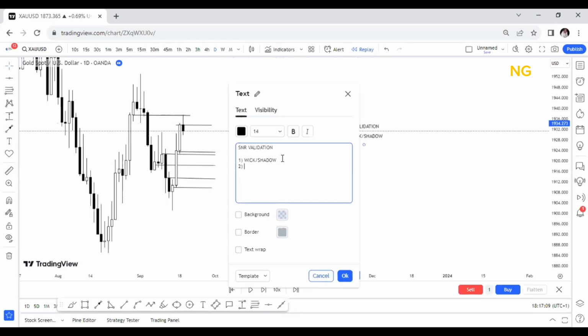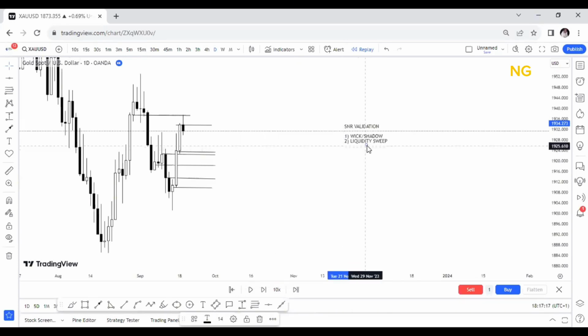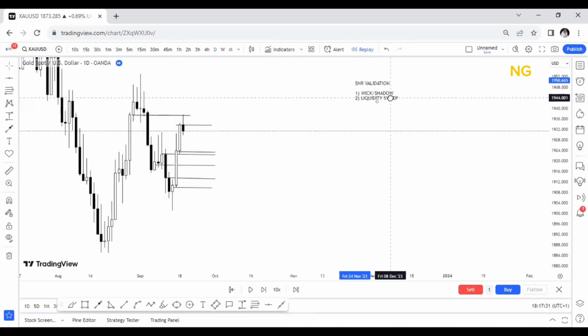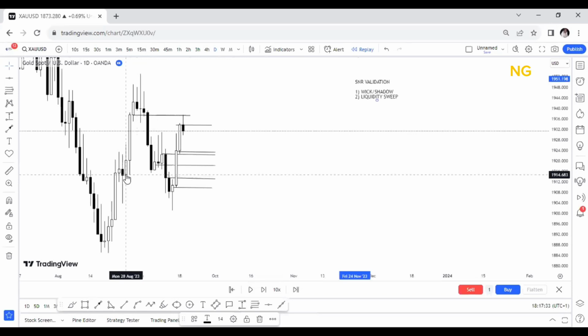Then you want to see a liquidity sweep, LS. Though the miss is not really, but there's a miss here. You see a space here. But the two most important factors are very significant, more than the miss, because sometimes you may not see a miss and price will still go in that direction.